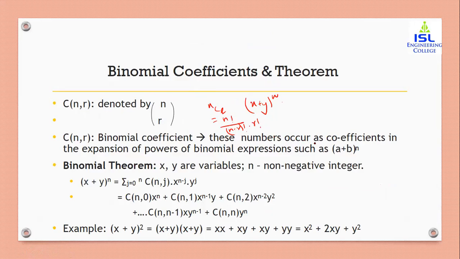So binomial coefficients occur as coefficients in the expansion of either x plus y or a plus b, whichever you want to consider. Now, whenever we are considering the binomial theorem, x and y are variables and n is a non-negative integer.